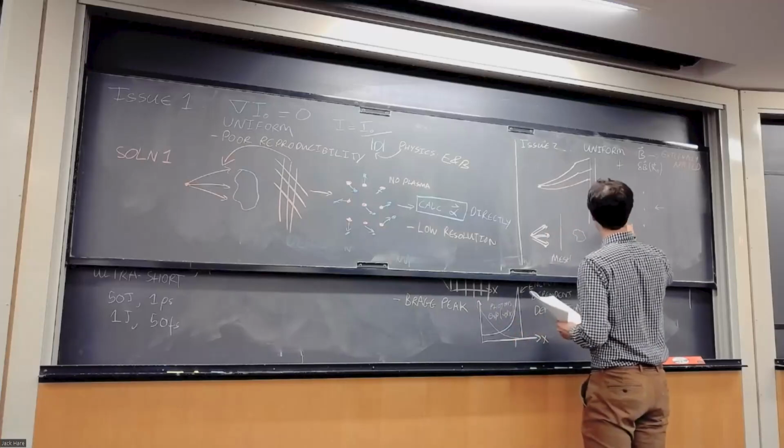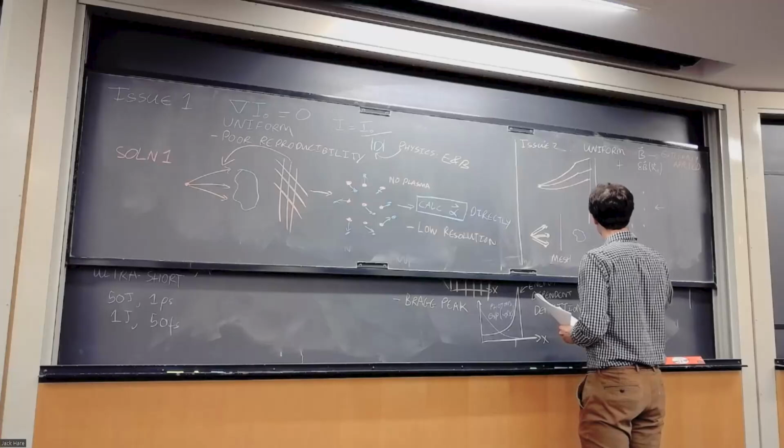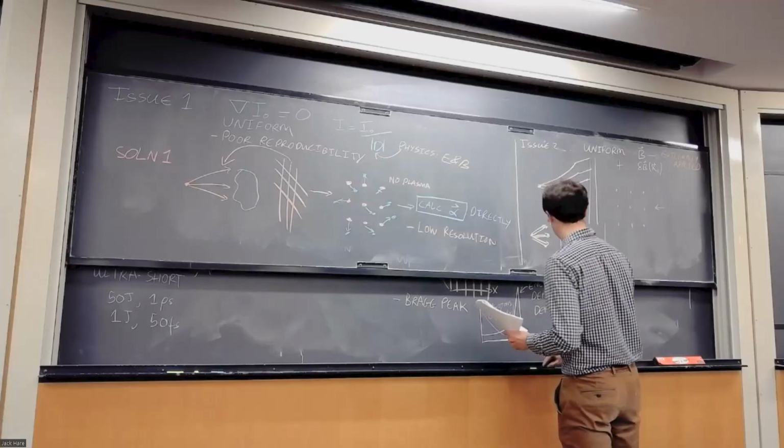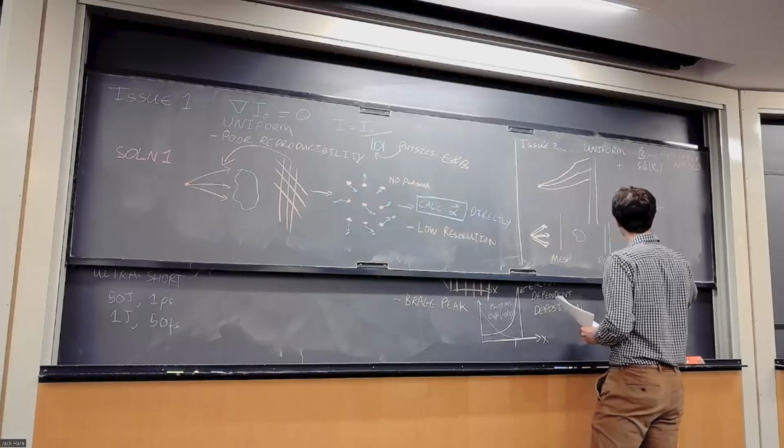And the neat thing is, we have our, for example, our RCF, which is sensitive to the protons, and we have some image plate, which is sensitive to the X-rays.